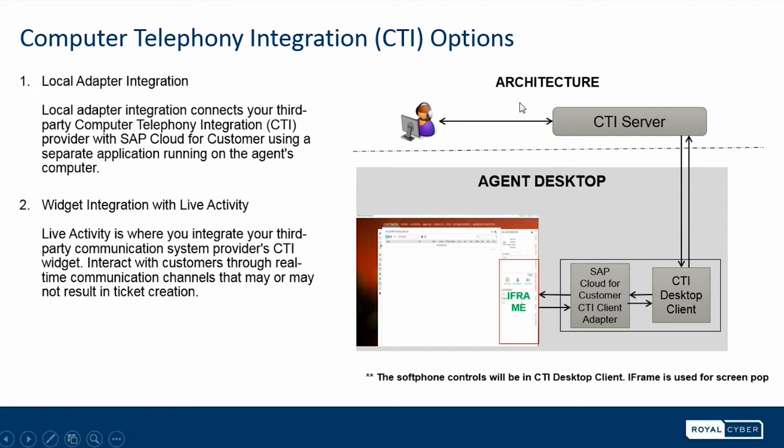On the right hand side we have the high level architecture of the incoming and outgoing call flows. When there is an incoming call to the agent, it will be passed on to the SAP CTI client adapter, and in turn the details will be displayed on the C4C system, that is in the live activity pane.